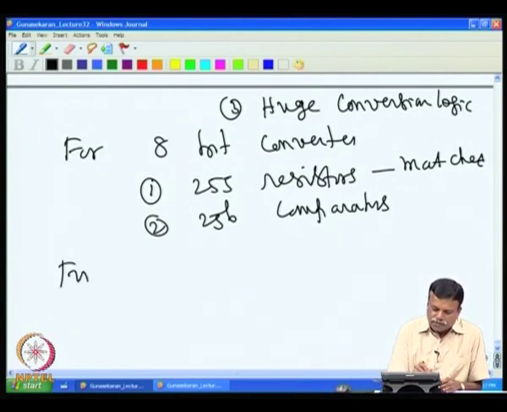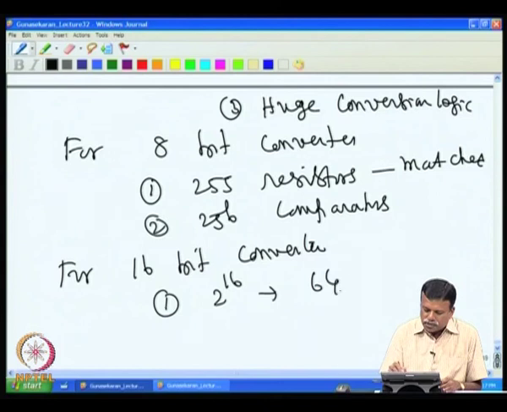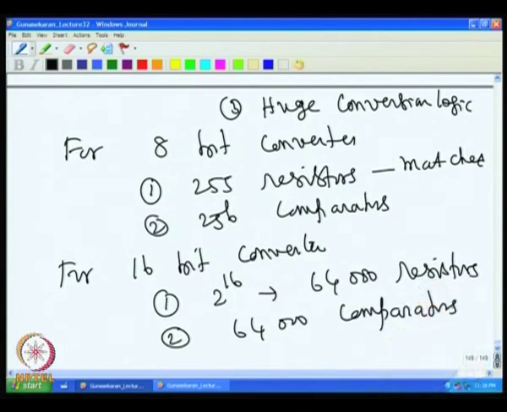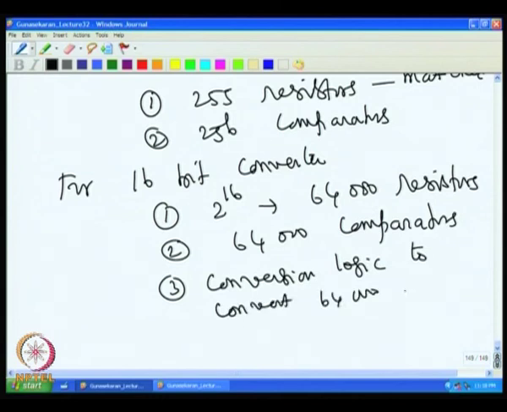Nevertheless, for a 16-bit converter, we need 2 power 16, that is 64,000 resistors, then the same number of comparators, then huge conversion logic to convert 2 power 16 outputs to a 16-bit output, which is practically impossible.